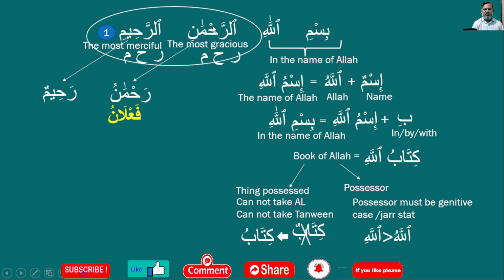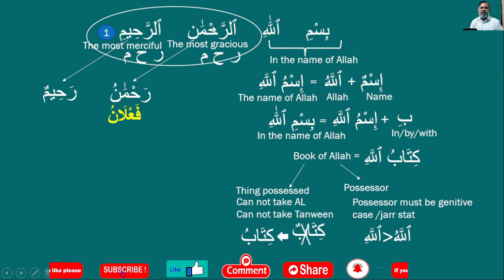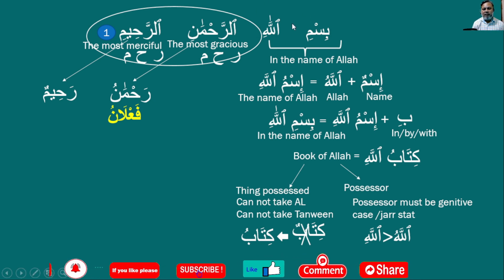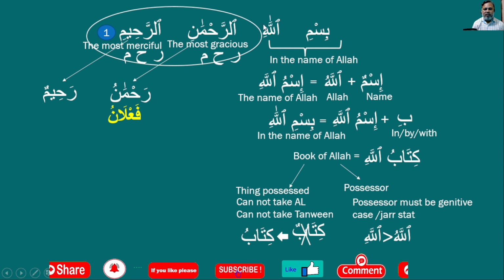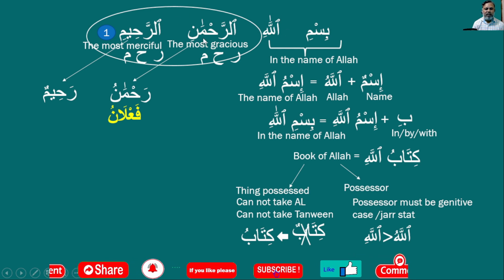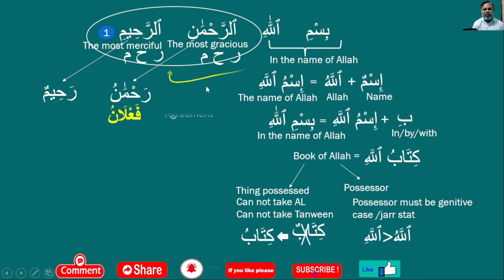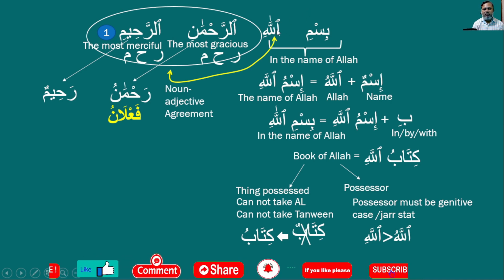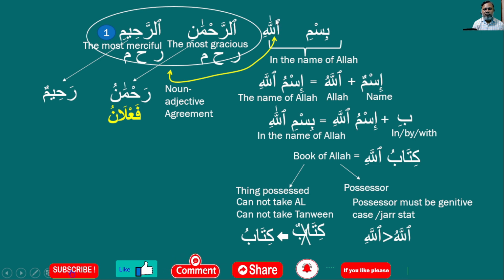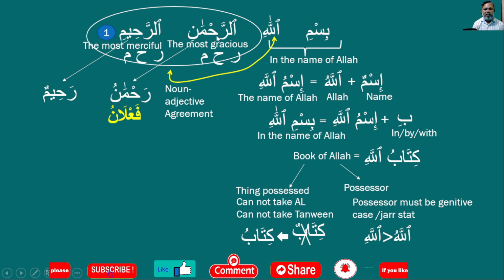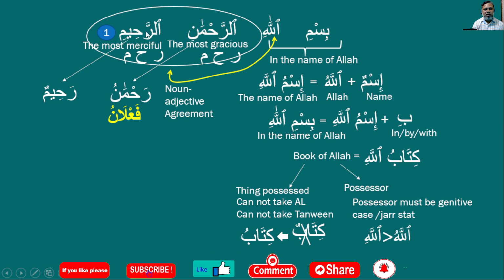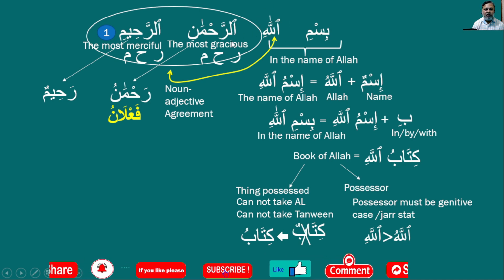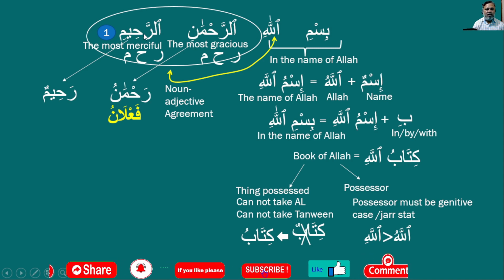So these two adjectives are describing the quality of the noun Allah. There is an agreement: the adjective must follow the noun. So with Allahi, both adjectives will be similar, Ar-Rahmani and Ar-Rahimi.